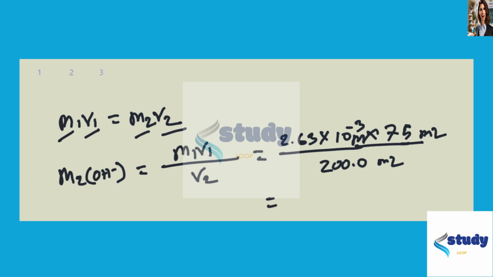If we solve this, we will find the M2 value as 9.86 times 10 to the power minus 4 molar OH minus. So this is the final concentration of hydroxide ion.